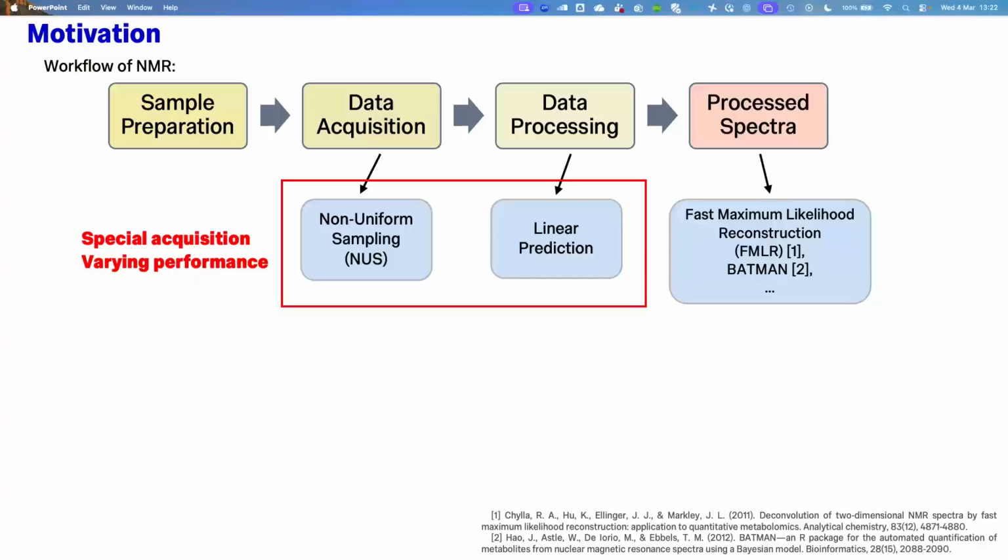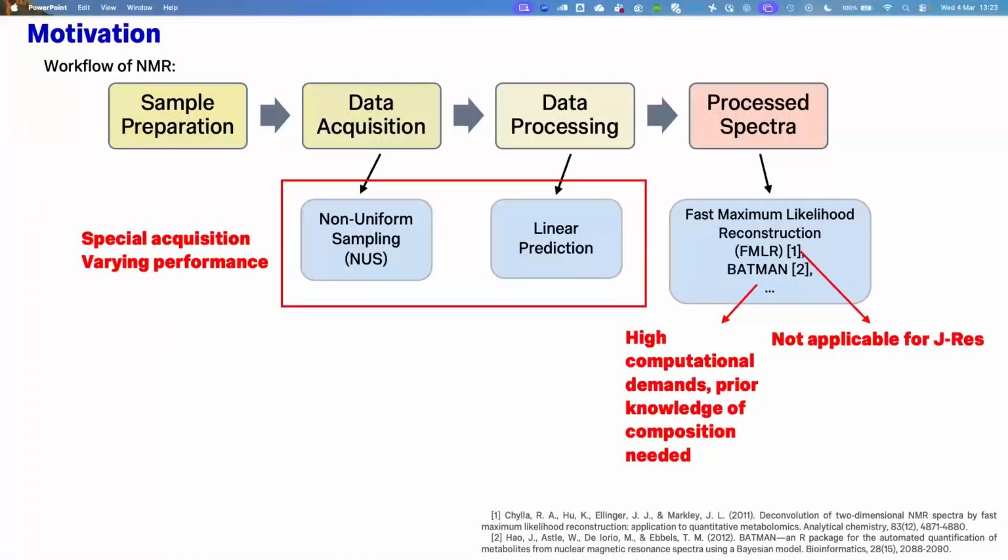But they all have disadvantages. So these things require you to do something special in terms of the lab work, for example, or they have kind of varying performance, not very high performance in terms of really improving resolution. And some of these other ones are quite high intensity in the sort of computational. You need a lot of prior knowledge to be able to run them. So all of them have drawbacks.